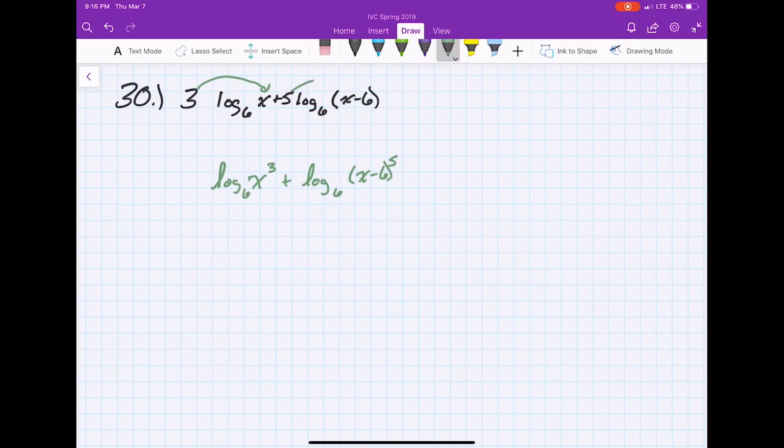So remember, these become the exponents of whatever's after the log. Now to express this as a single log, we have log sub 6 of the quantity x times the quantity x minus 6 to the fifth, and then close this bracket. And so that's written as a single log for number 30.